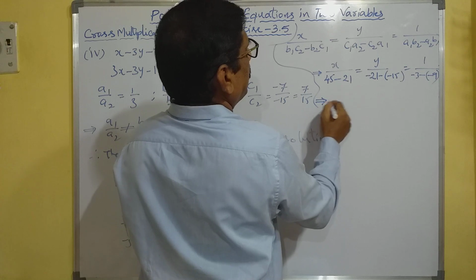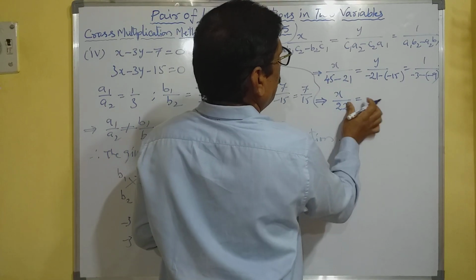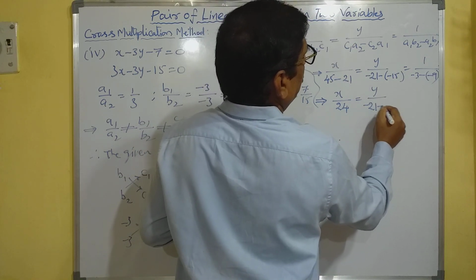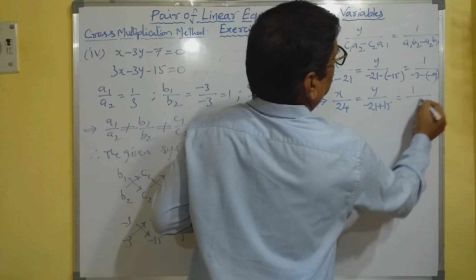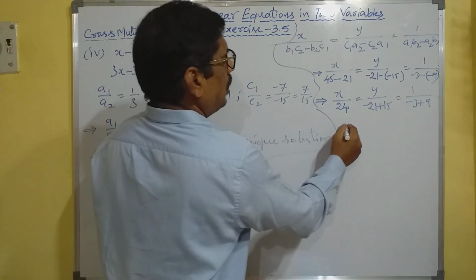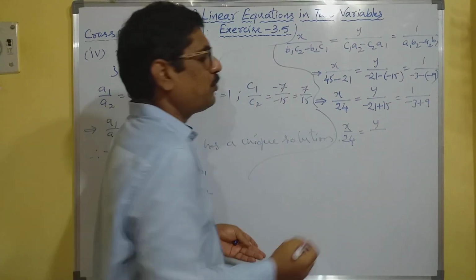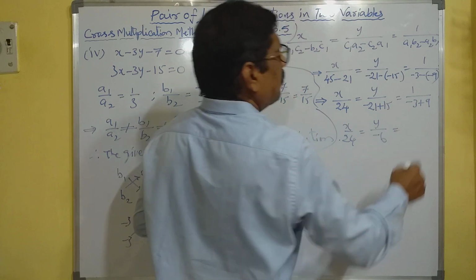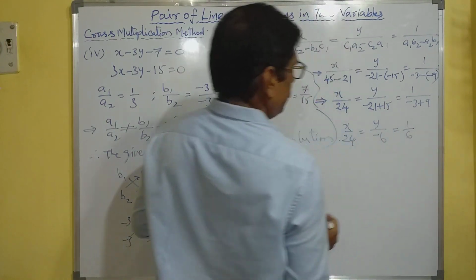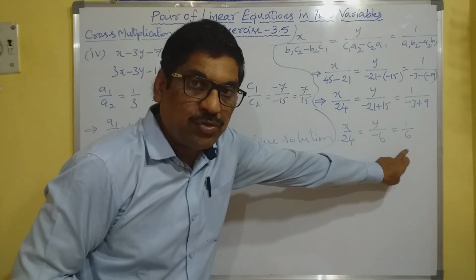So this implies x by 45 minus 21 is 24, is equal to y by -21 plus 15, is equal to 1 by -3 plus 9. Now x by 24 is equal to y by -21 plus 15, which is -6, is equal to 1 by -3 plus 9, which is 6. Now we have to take the first one and last one to get the x value.